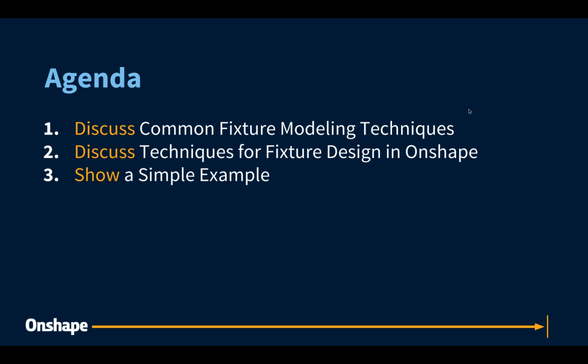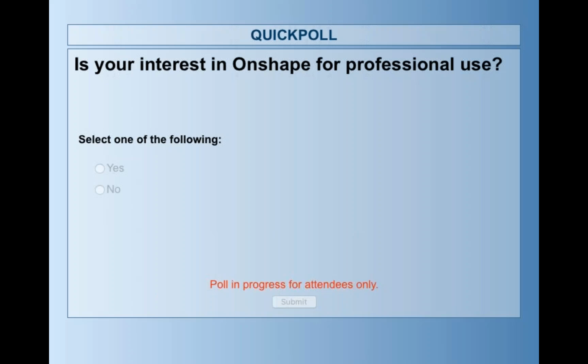Now, before I get into the topic of the day, there are always a few questions I like to ask of the audience. So if you bear with me for just a moment, I'm curious, of the users listening today, how many are interested in Onshape for professional use? If you're using Onshape, maybe for your company or for a personal professional project, let us know. If you're using Onshape for a hobby or for a 3D printer or something along those lines, also let us know. I like to get a feel for the audience and how many of those have come from that professional background.